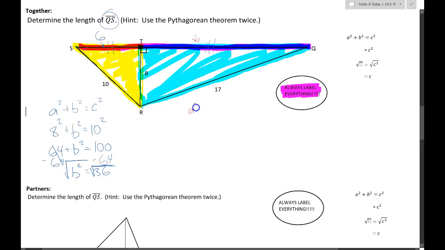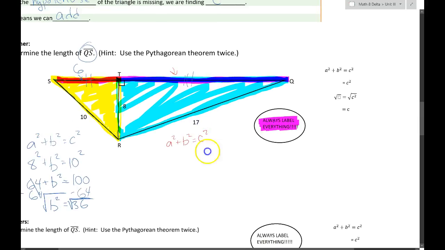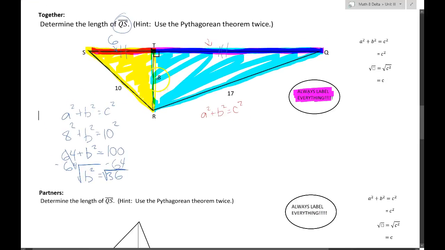I know a squared plus b squared equals c squared. Let's call it b this time. Why not? Because both of the legs can be substituted for either. So just to show you that, I'm going to use b this time. We'll call that 8 squared plus a squared equals c squared.